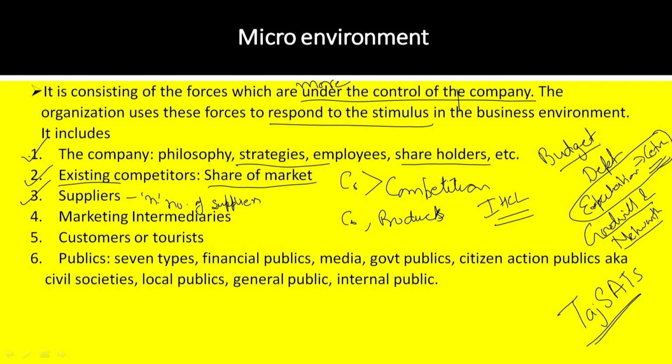Now let's talk about marketing intermediaries. Marketing intermediaries provide accessibility to the travel management company to their customers. So when I'm talking marketing intermediaries, I'm talking about the distribution network or the distribution chain, that is travel agency, tour operators, and all these components.